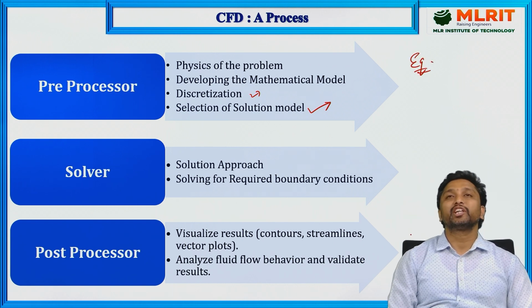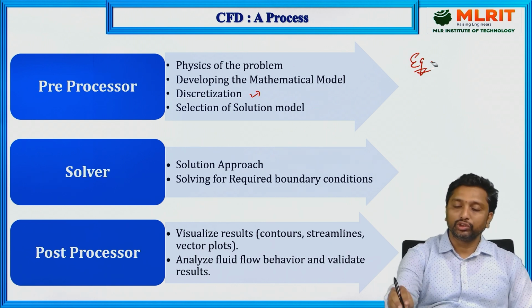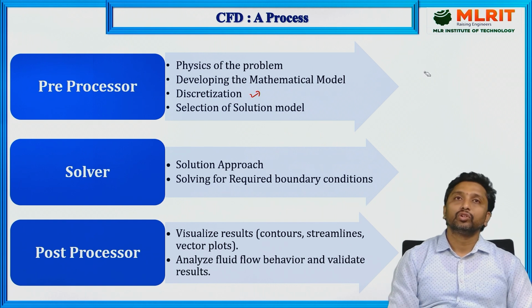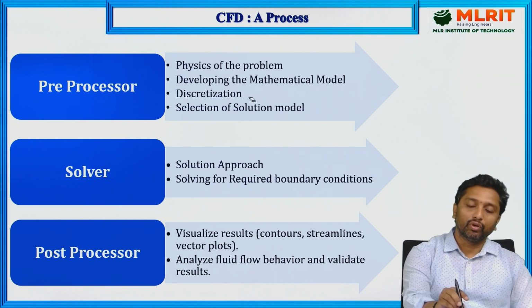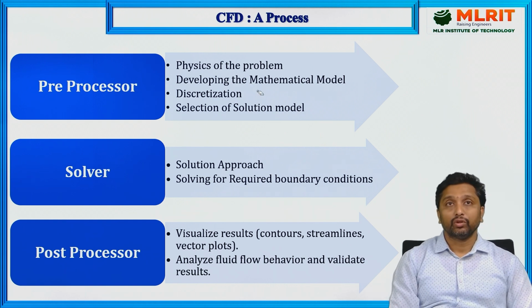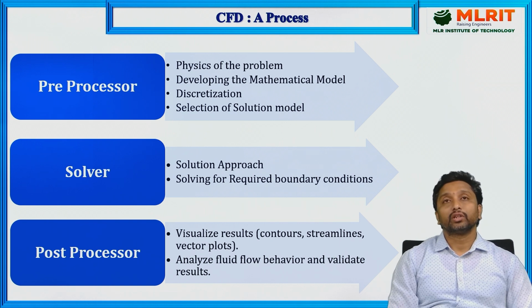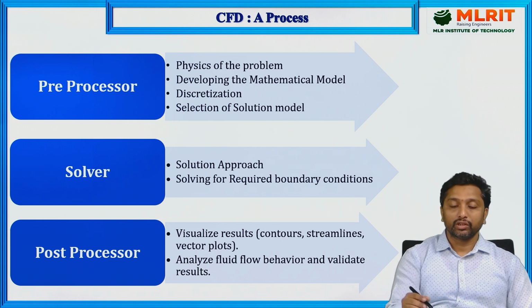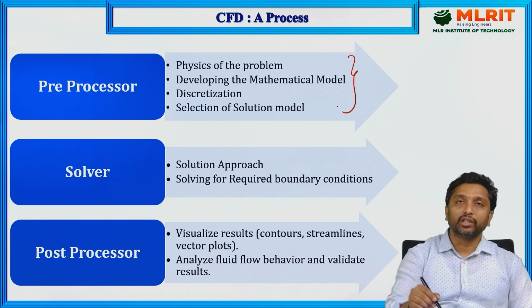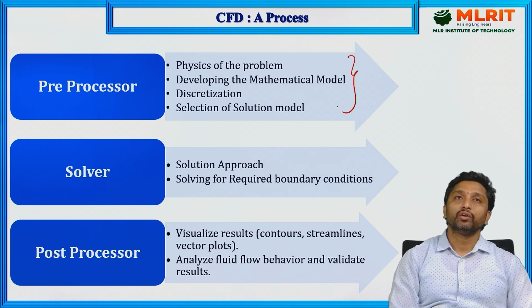So what scheme you are using to discretize will be considered in the solution process. Whether we are following forward time, central space, or we are considering first order equation, second order equation, these kinds of things will be discussed or considered in the preprocessor phase.